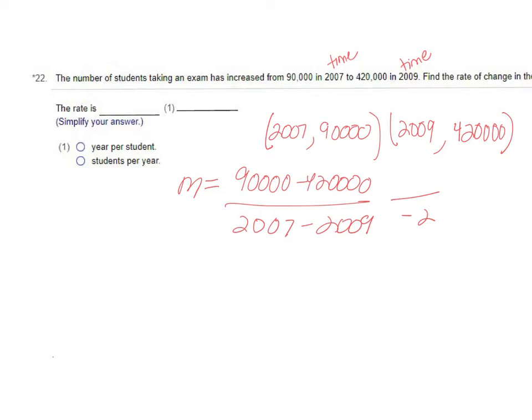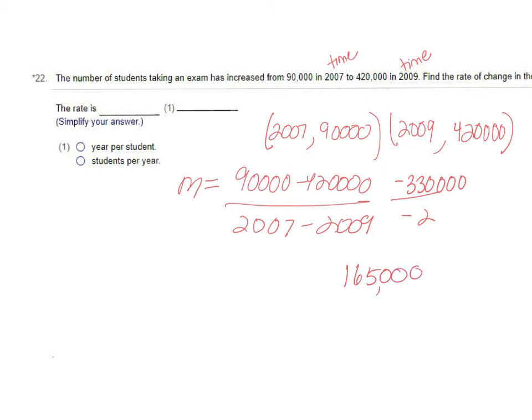So we're going to have 90,000 and we're subtracting 420,000. That's going to give us a negative 330,000. And then when we divide that by 2, we're going to end up with 165,000.